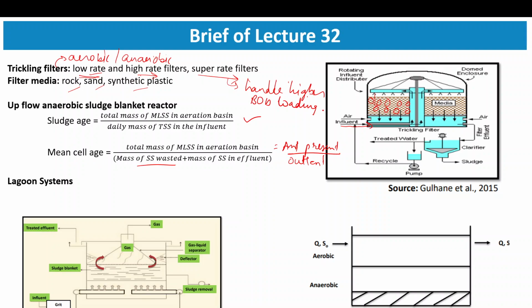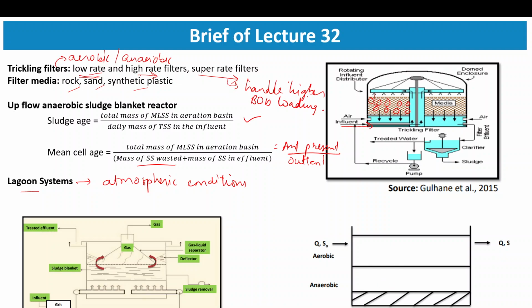Now next is the lagoon system. Lagoon system, as I already mentioned, occurs under atmospheric conditions, right? So under atmospheric conditions, you do not provide any external oxygen supply or any external mixing.